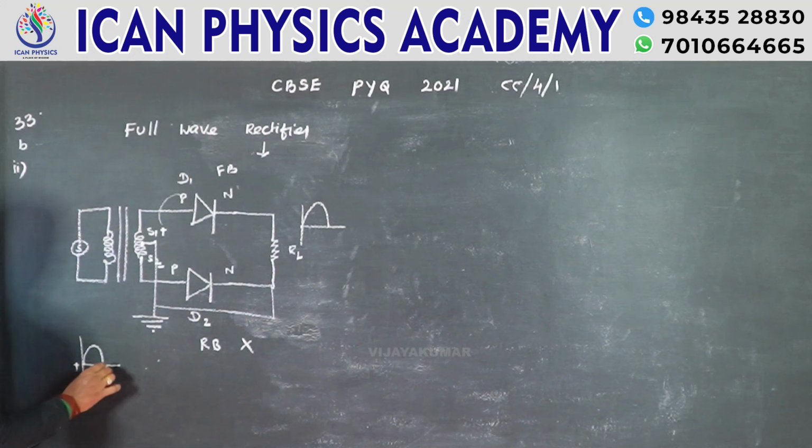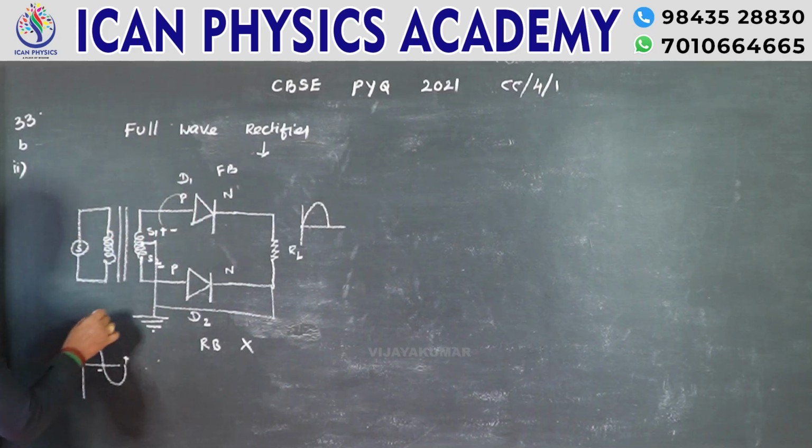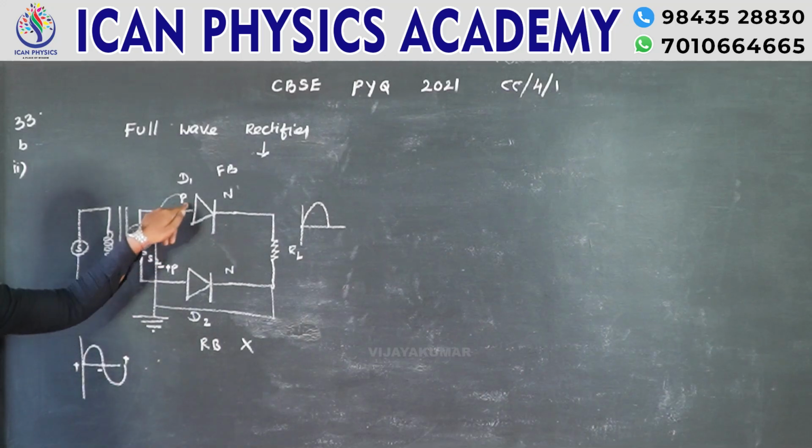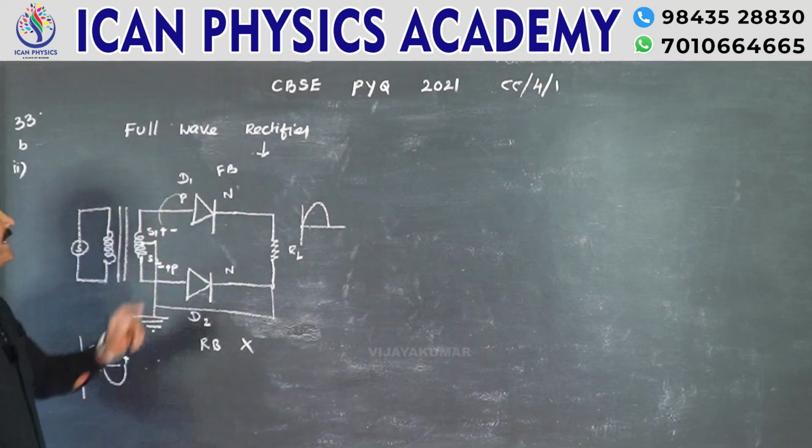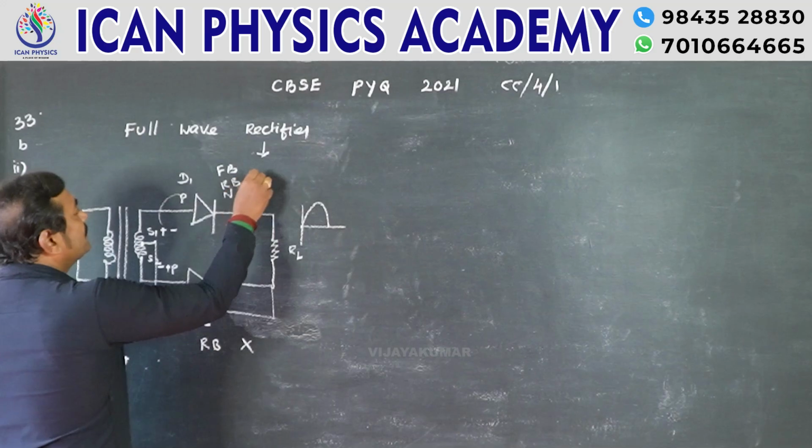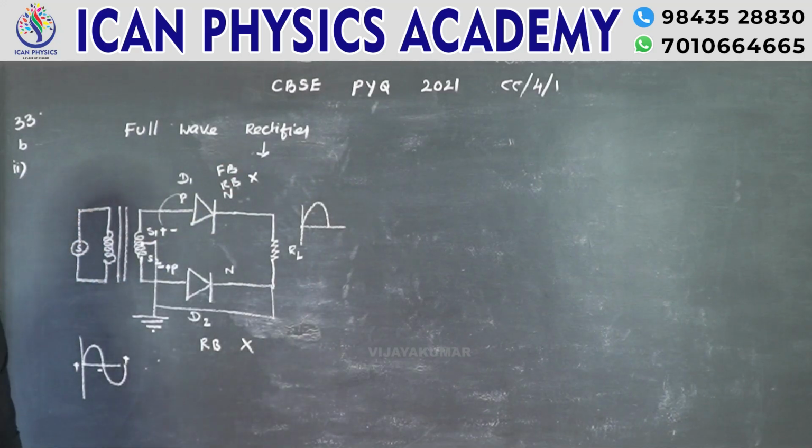During the negative half cycle, S1 becomes negative and S2 becomes positive. Now the negative connected with the P side of D1 gives a reverse bias, which does not allow the current.